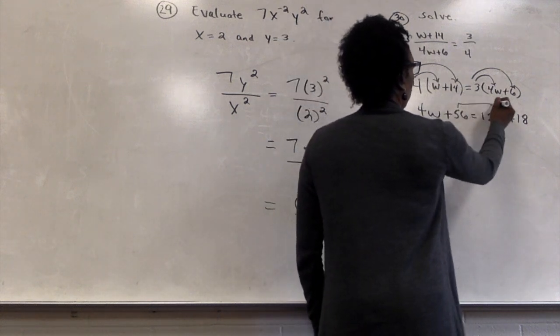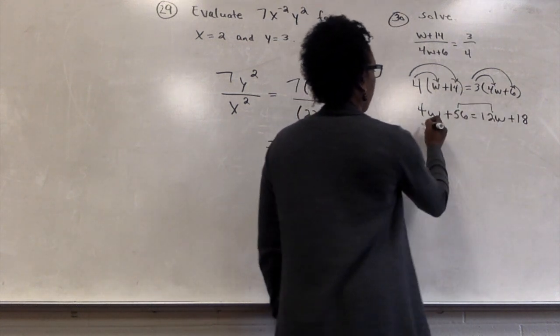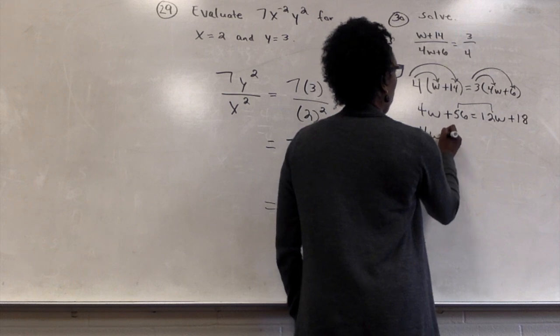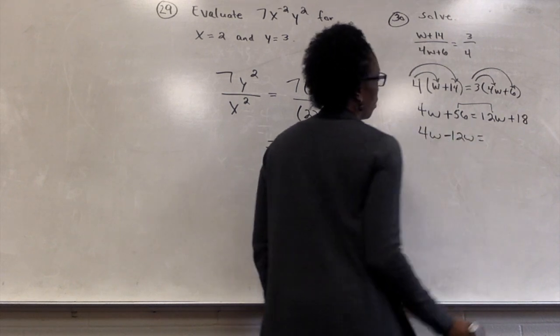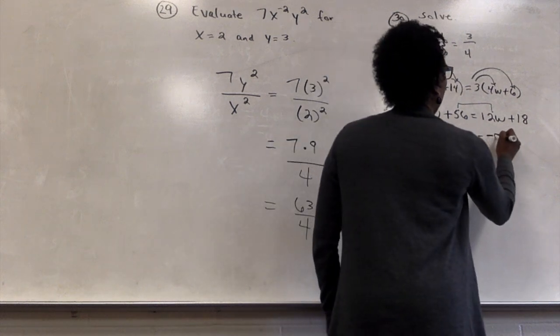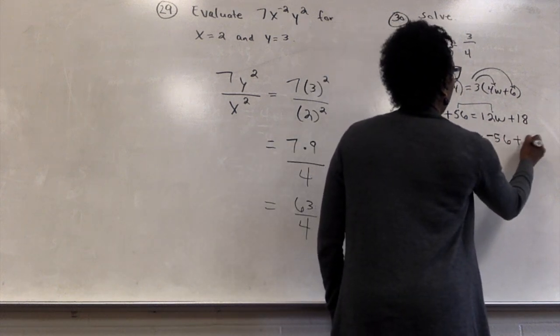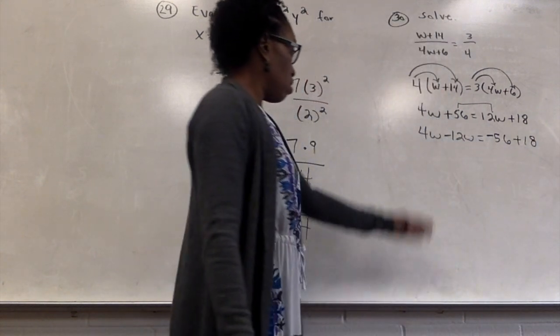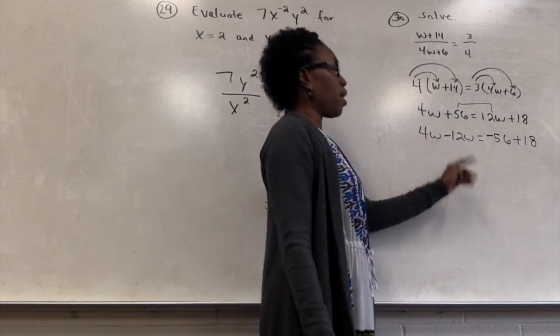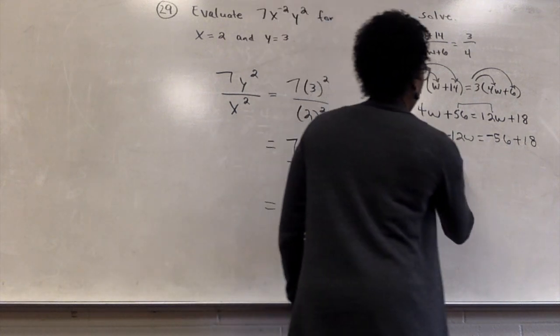So I'm going to switch these two. So I get 4w minus 12w and I get negative 56 plus 18. Now, sign rules, 4 minus 12 is negative 8.